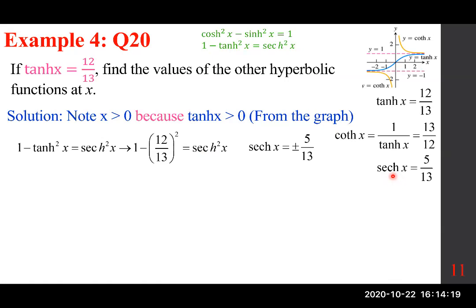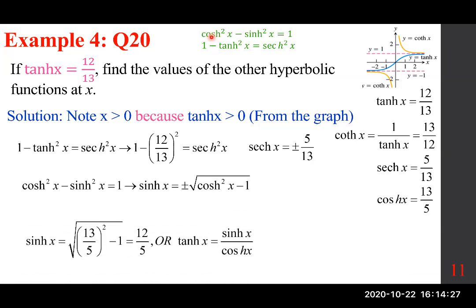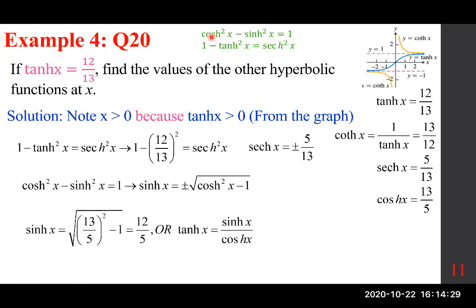For example, cosh squared minus sinh squared will give you cosh. And to find sinh, there are different ways of approaching it. One is that you use the identity with the cosh squared and sinh squared.